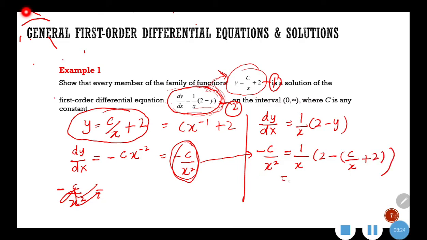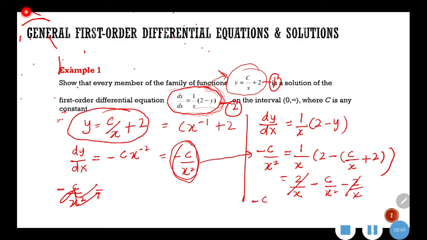So from here, if you try to work it out, you will get 2 over x minus c over x squared minus 2 over x. You see, this one and this one cancel.